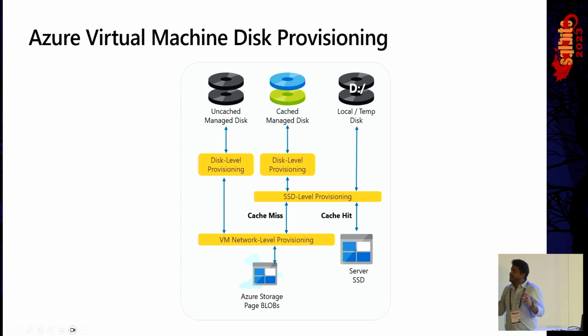What is an uncached managed disk? It is pure remote storage. If your data is in the remote storage, that is an uncached managed disk. There is something called cached managed disk. What's a cached managed disk?